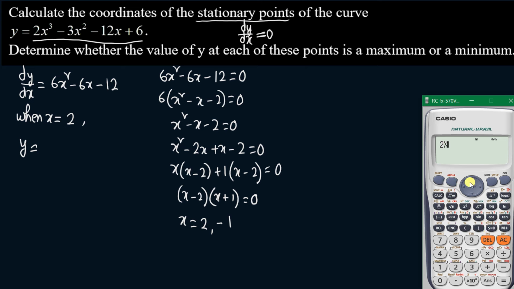We use the alpha button for x, because we have two values, x equals 2 and x equals minus 1, to get the value of y.